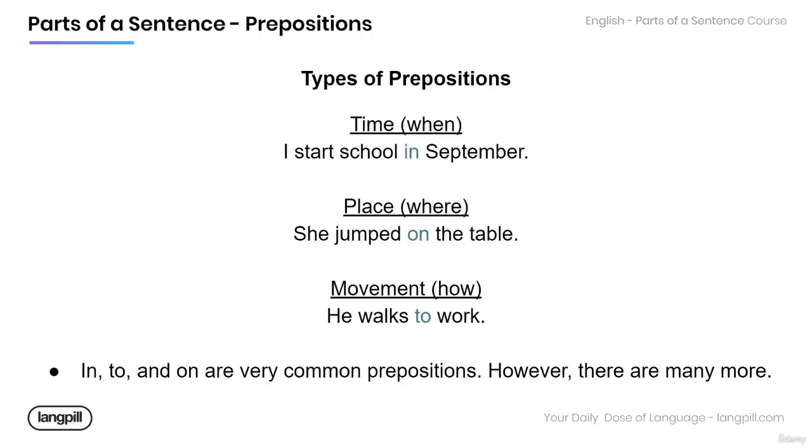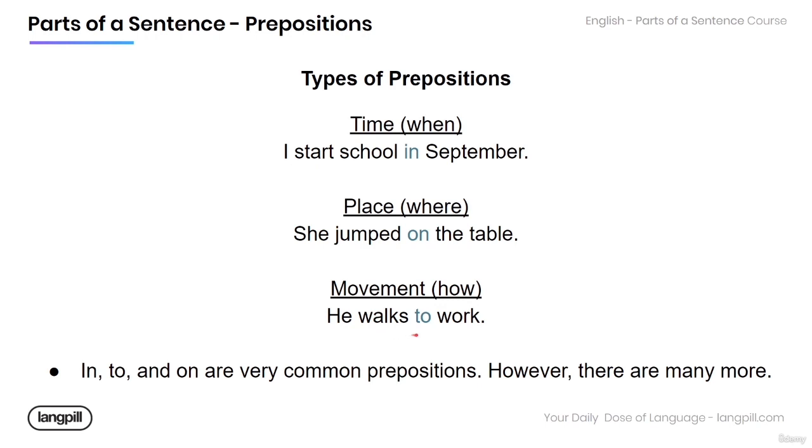Now, what types of prepositions do we have? We have time prepositions. These tell us when something is happening, right? I start school in September. So school starts in September. It's when. We have place prepositions. These tell us where. She jumped on the table. Movement prepositions tell us how.